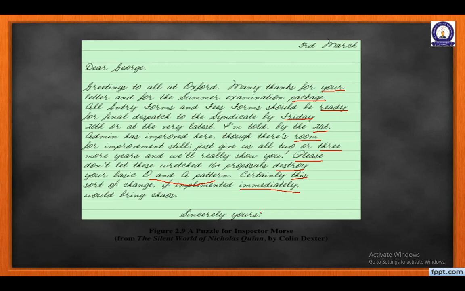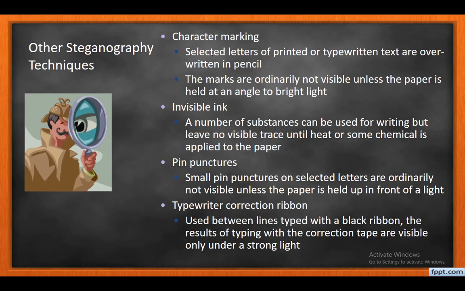Please destroy this immediately. So the person who knows that they are supposed to read it like this can read these final words. Other steganography techniques: selected letters of printed or typewritten text are overwritten in pencil. When you write with a pencil on printed or typed paper, unless you hold that paper at an angle, you will not be able to read what is written. The same thing can happen with invisible ink.